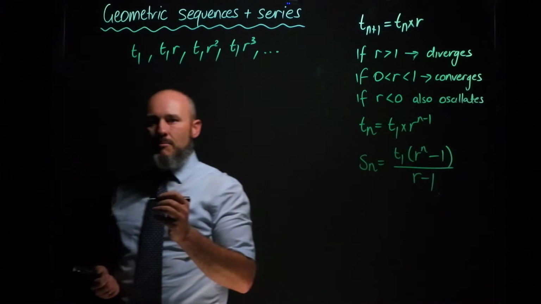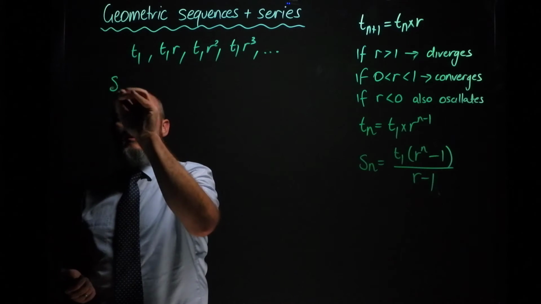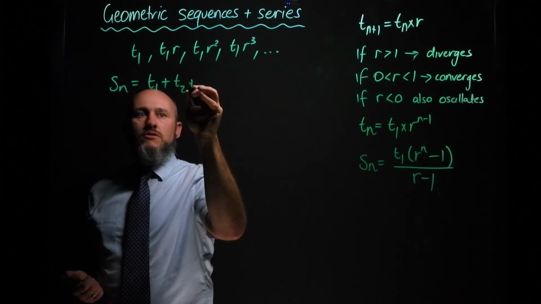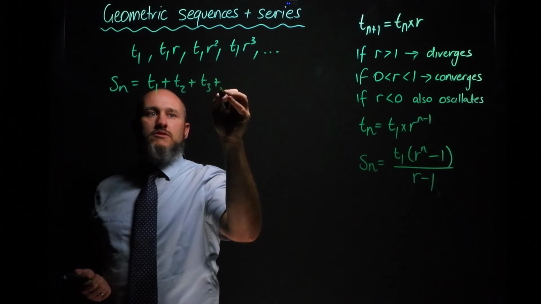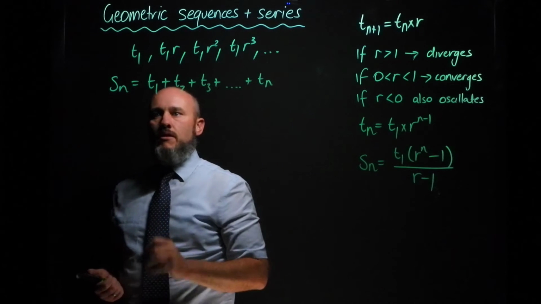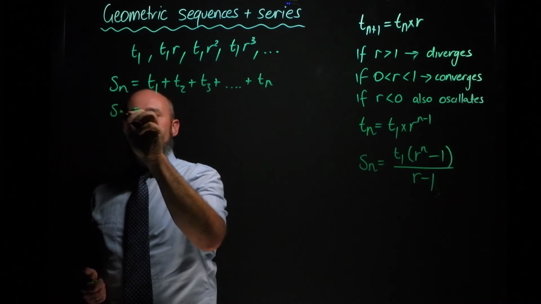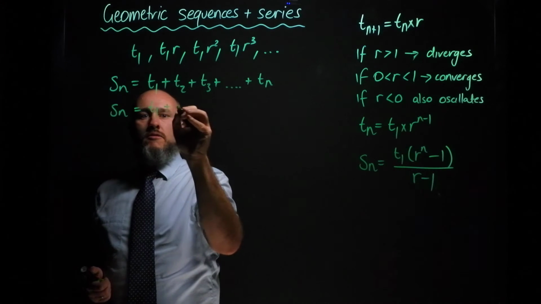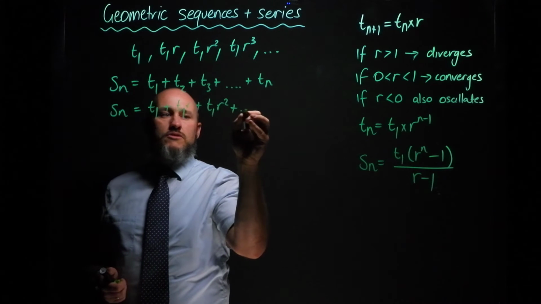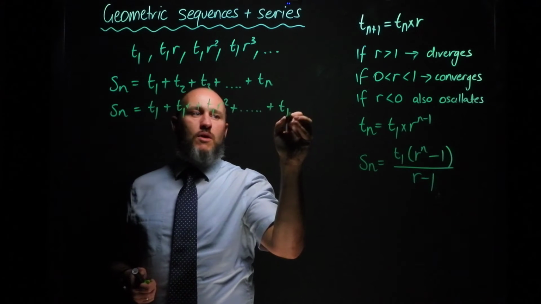So of course the Sn, which we're trying to calculate, now we'll do the sum, is equal to T1 plus T2 plus T3 plus ... plus Tn, which can be better written as T1 plus T1R plus T1R squared plus ... plus T1R to the power of n minus 1.